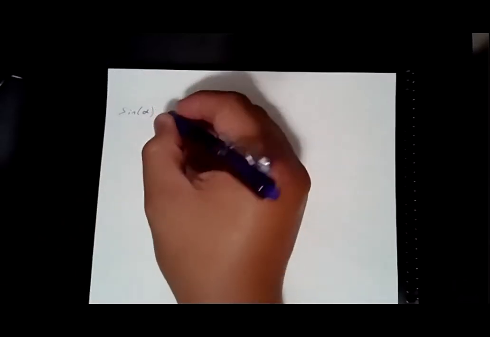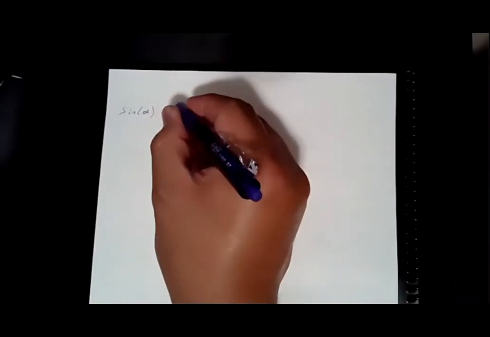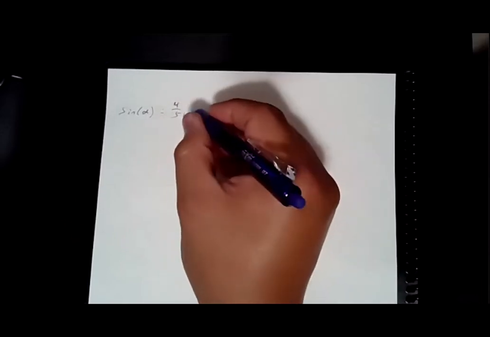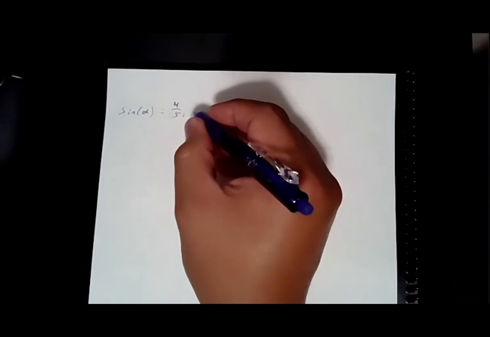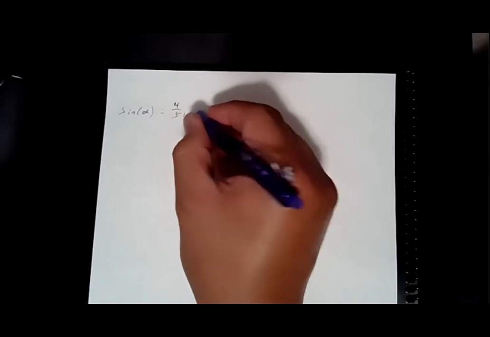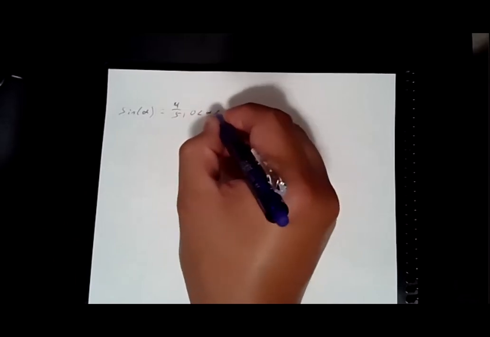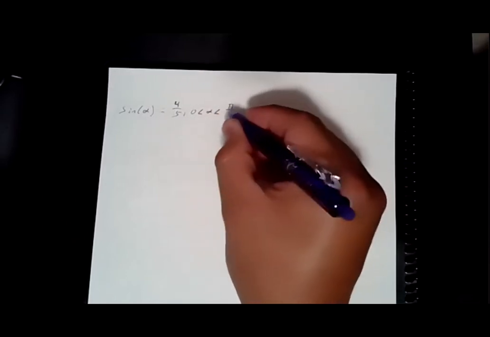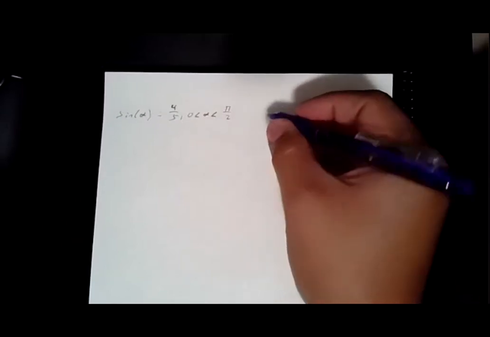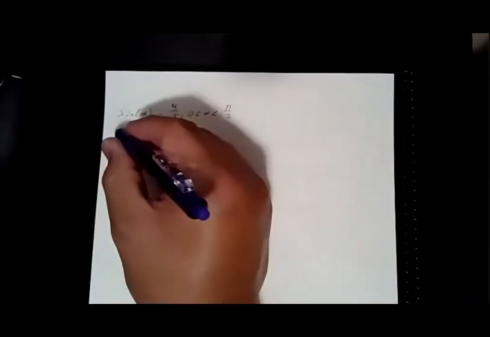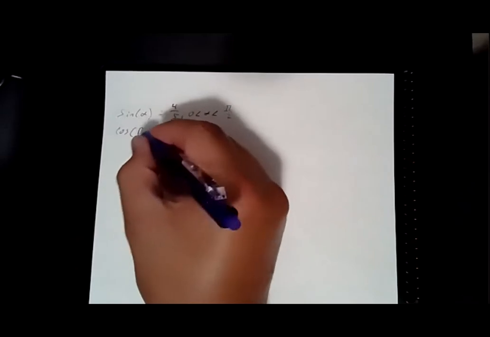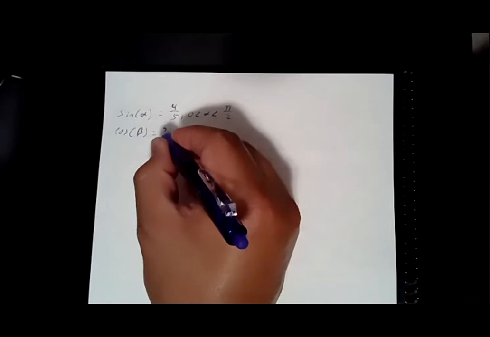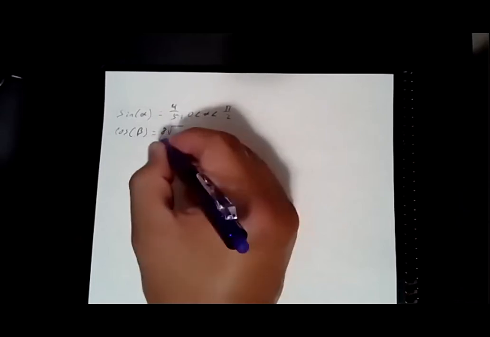And then it's 0 less than alpha less than pi over 2. And my cosine beta is 8 square root of 145 over 145.